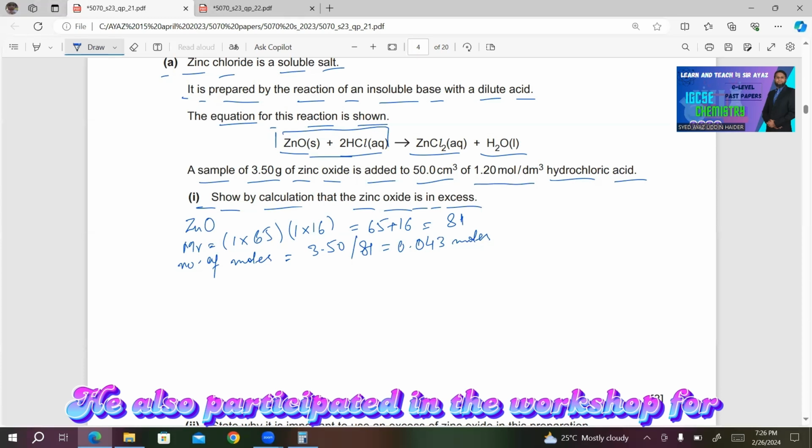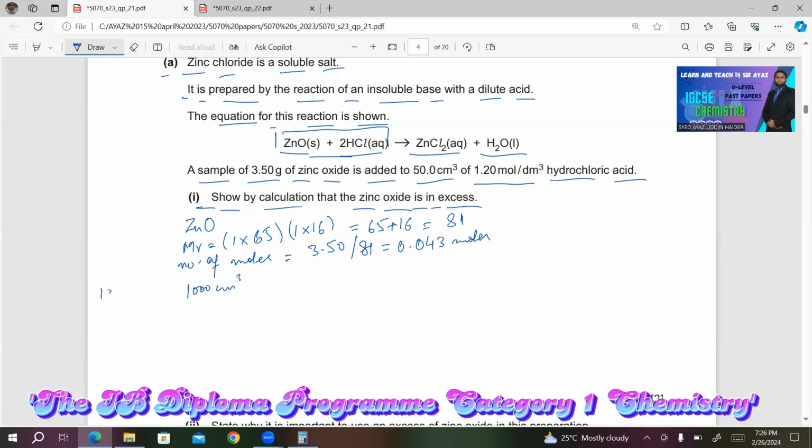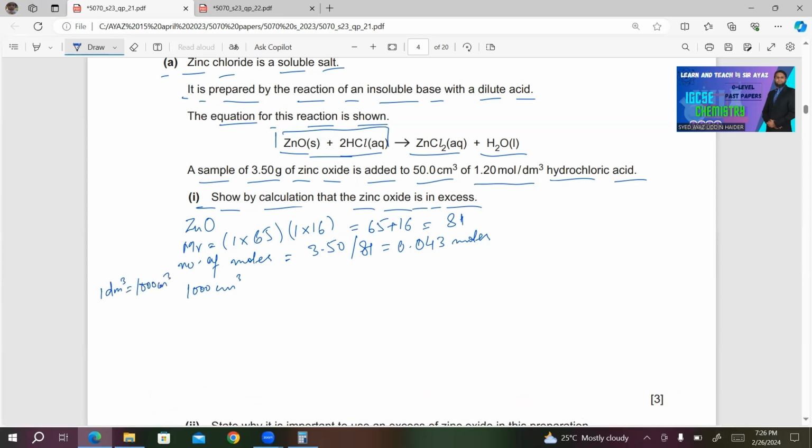So according to this data, you can write 1000 centimeter cube, because 1 dm cube is equal to 1000 centimeter cube. 1000 centimeter cube contains 1.20 moles. Therefore, 50 centimeter cube contains X moles of HCl.